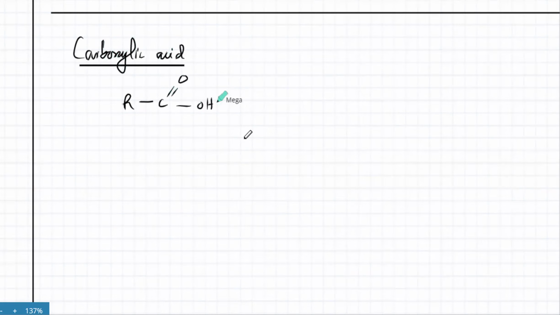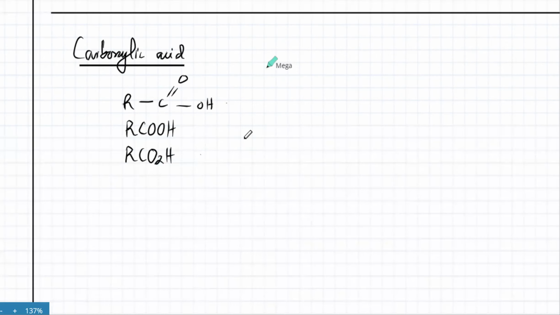If you want to write the compressed notation, it's going to be COOH. Or if you want to compress it further, it's going to be CO2H. These are the compressed versions of this one. Anyways, that's a carboxylic acid.